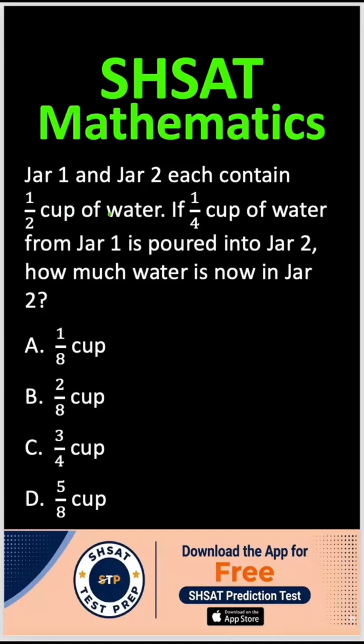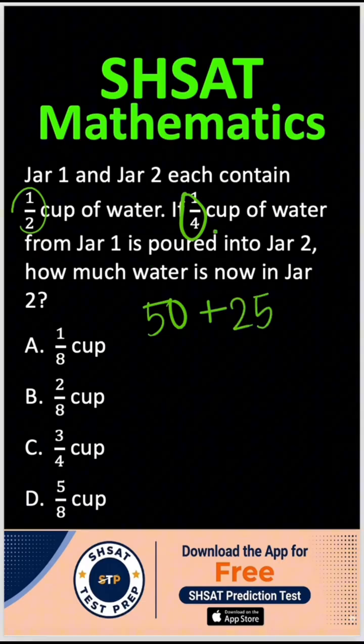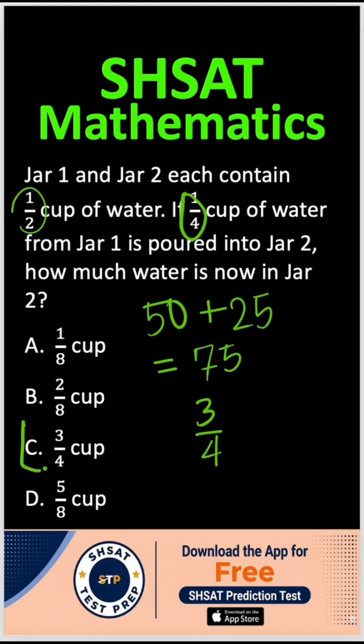Now jar 2 already has half cup of water, which is half a dollar or 50 cents. Now, if you put 1 over 4, which is 25 cents into the jar 2, it will have in total of 75 cents, which can also be written as 3 over 4. And with that, the final answer is option C.